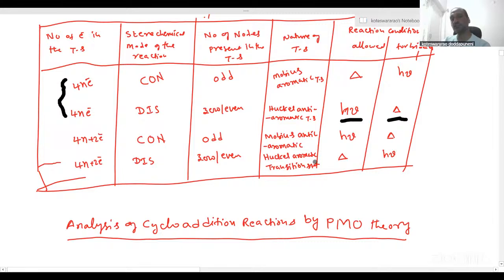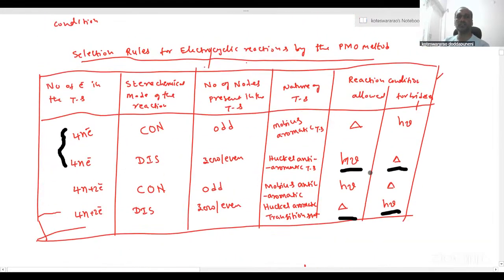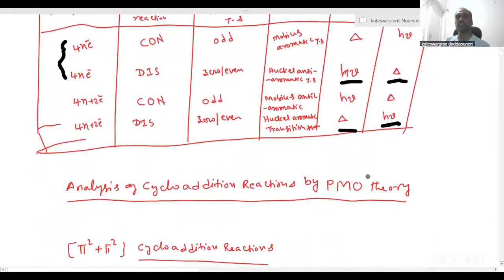Therefore, once it becomes an aromatic transition state, the reaction proceeds under thermal condition, but is not allowed in photochemical condition. Allowed under thermal condition and forbidden in photochemical condition. Okay, this is what we discussed in yesterday's class.